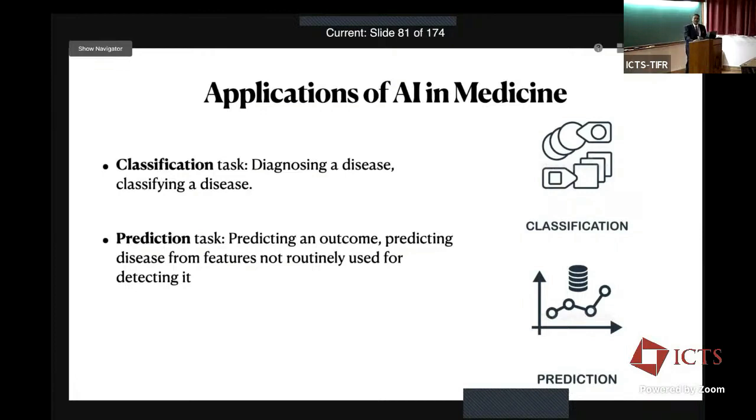Or a prediction task, to predict the outcome of a disease, whether the treatment will be effective, how much the thickness will reduce, those types of things, and predicting disease from features which we do not routinely use as a clinician. Can AI tools help us?